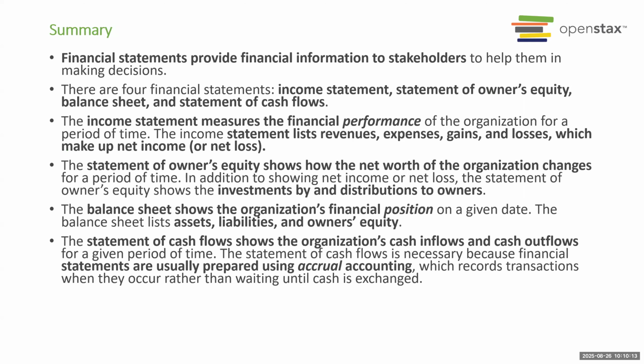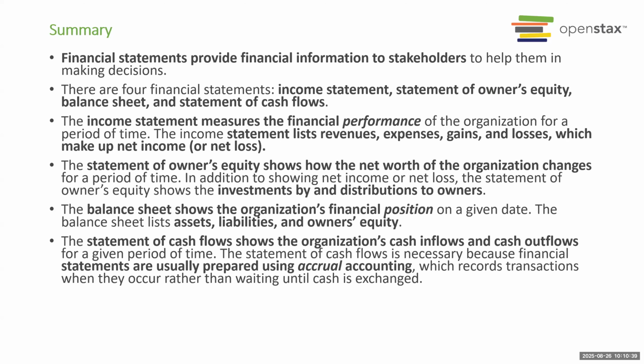Okay, in summary, we talked about the financial statements and the importance the financial information has to the stakeholders. We talked about the four financial statements, which included the income statement, the statement of owner's equity, the balance sheet, and the statement of cash flows. We talked about the income statement being a measure of financial performance over a period of time.